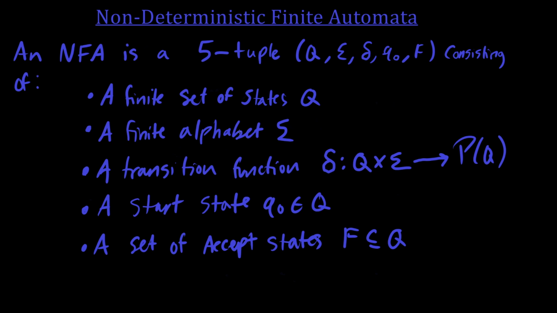We need a finite set of states Q, a finite alphabet sigma, a transition function delta from Q cross sigma to the power set of Q, a start state Q naught in Q, and a set of accept states F such that it's a subset of Q.